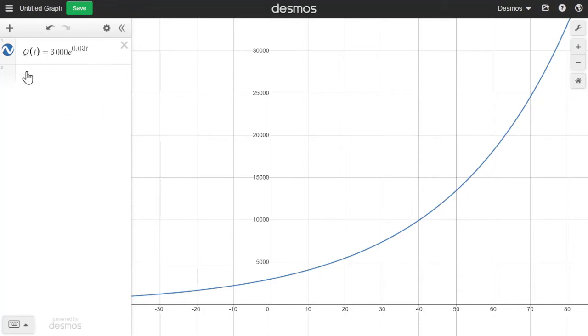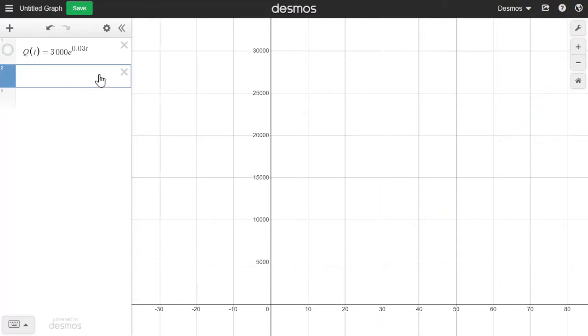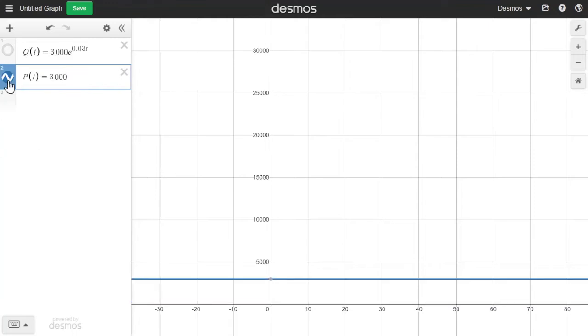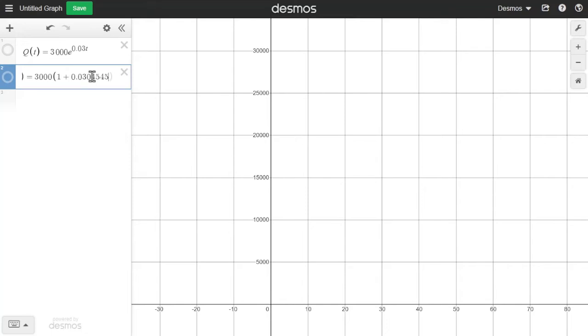Now I just showed how to write the exact same function. Let me hide this graph, and let me write some other function. Let's call it p of t, because it looks different at first. 3,000 times 1 plus, and the effective rate we had earlier was 0.0304545, and a lot longer, but for now let's stay with 7 decimal places.